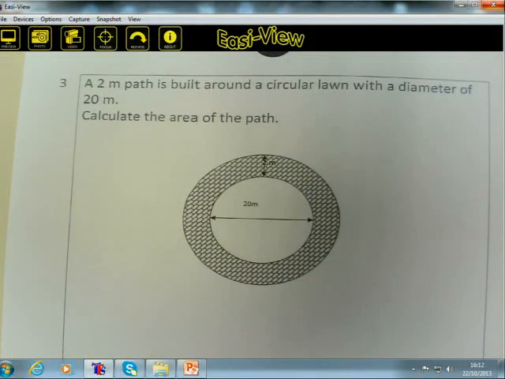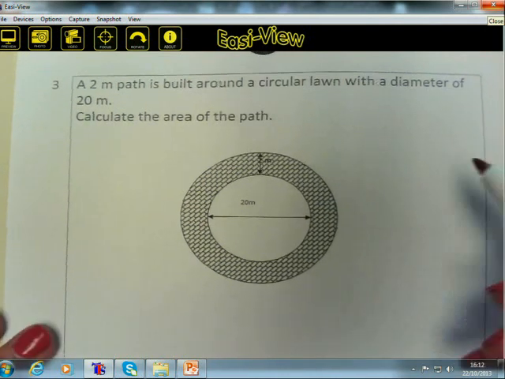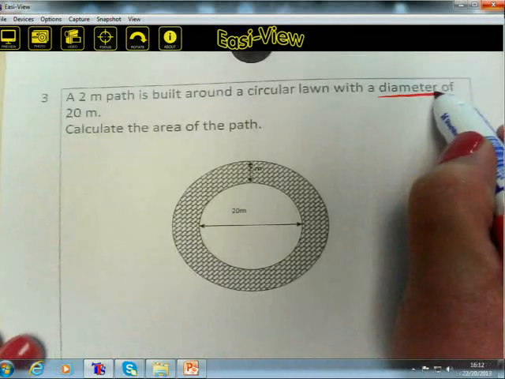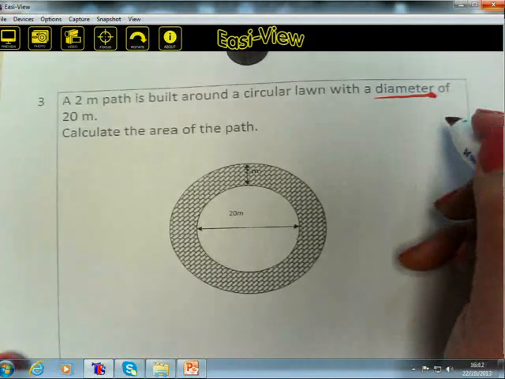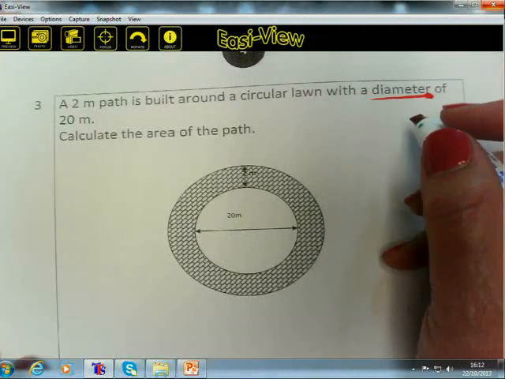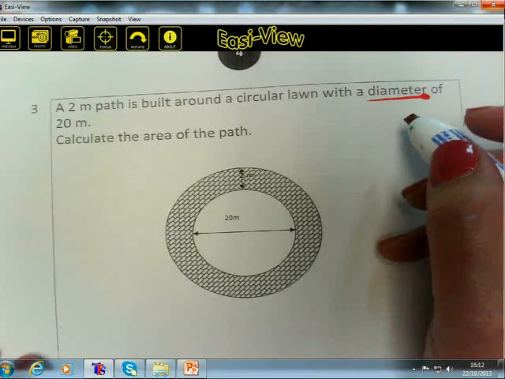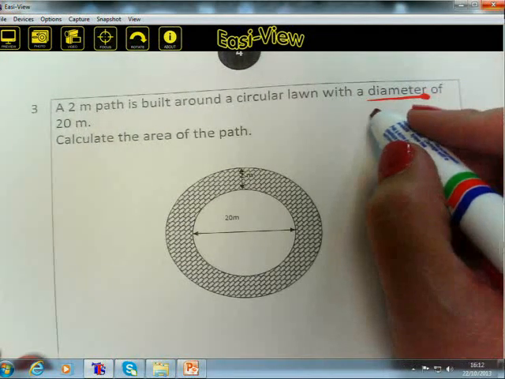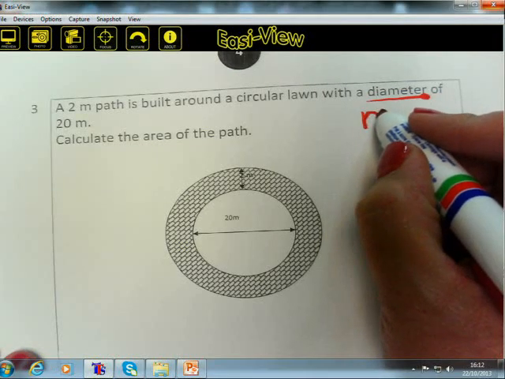Number 3. A 2-meter path is built around a circular lawn with a diameter of 20 meters. Red lights. I see the red light of the word diameter. Can you remember what we said about diameter? We must immediately do the radius.